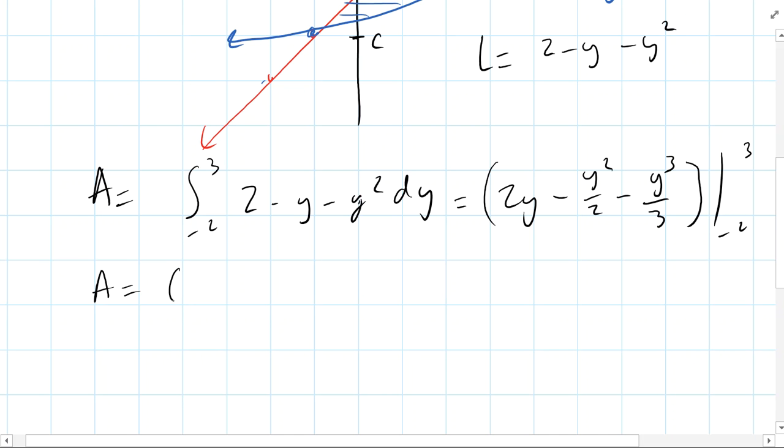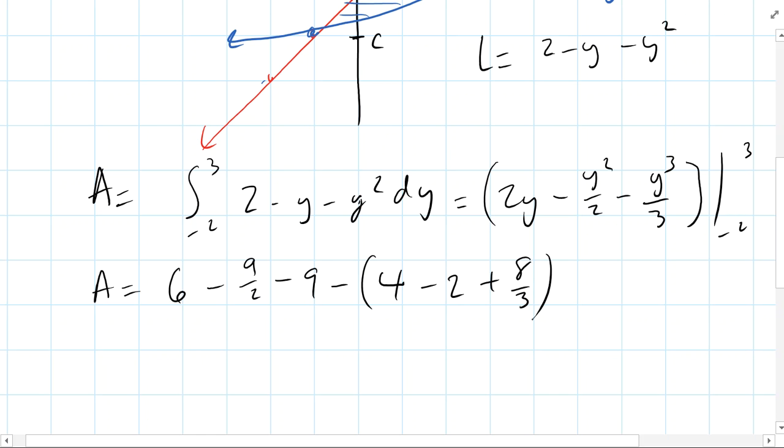Plugging in 3, it's going to be 6 minus 9 halves minus 9, because 27 divided by 3 is 9, minus plug in 2, which is going to be 4, minus, well, 4 over 2 is 2. Then put a -2 in here, and does that become -8? So it becomes a positive 8/3.